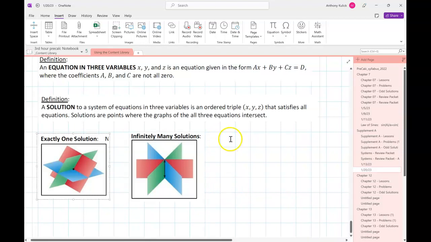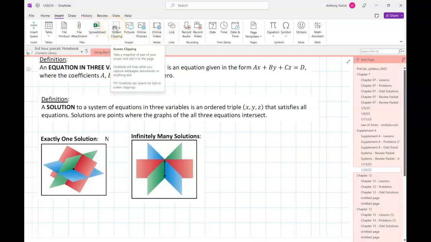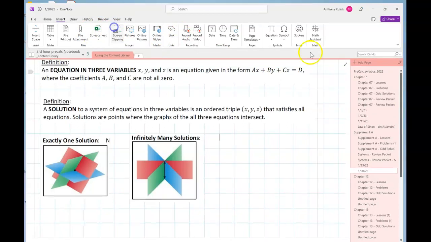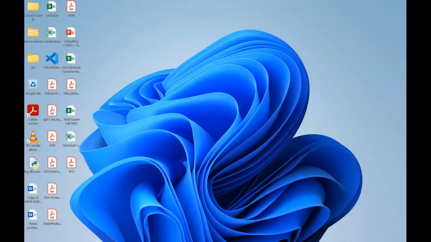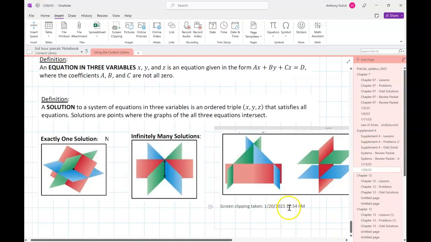And then what is it going to look like if we have no solution? Well, it has to be a situation where there's no place that all three planes intersect. There are actually three different pictures that could happen.